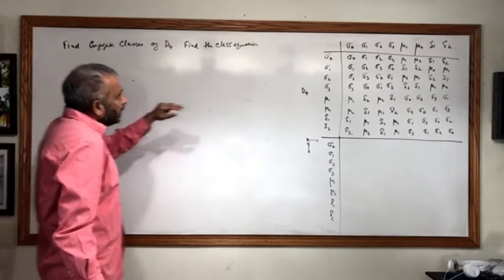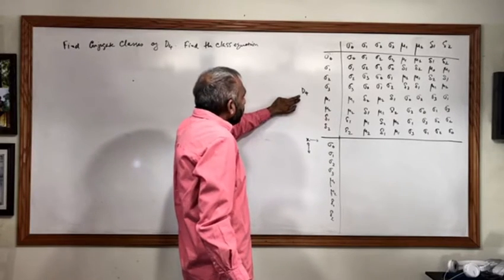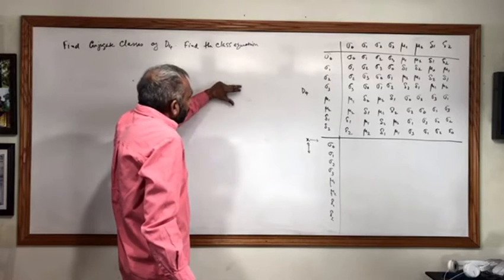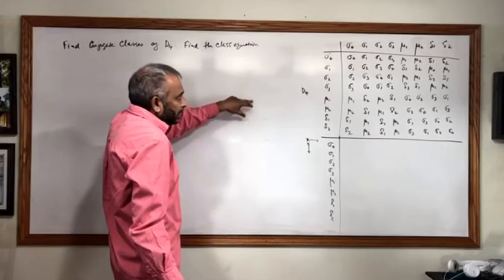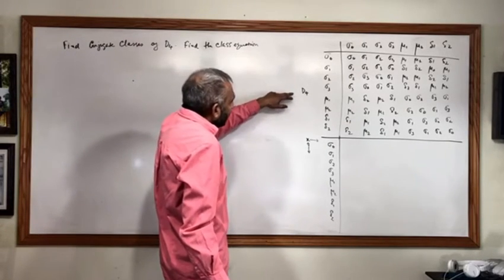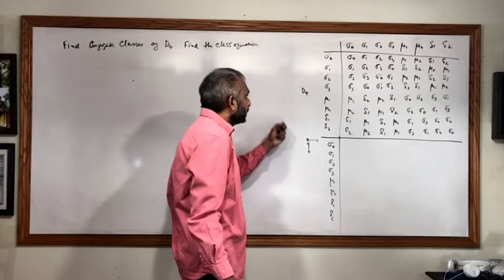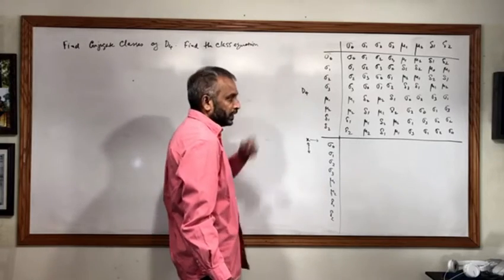What we had done earlier was that our D4 set was the vertices of a square, midpoints of the sides, diagonals, and etc. Instead of that, we are taking D4 itself as the D4 set.